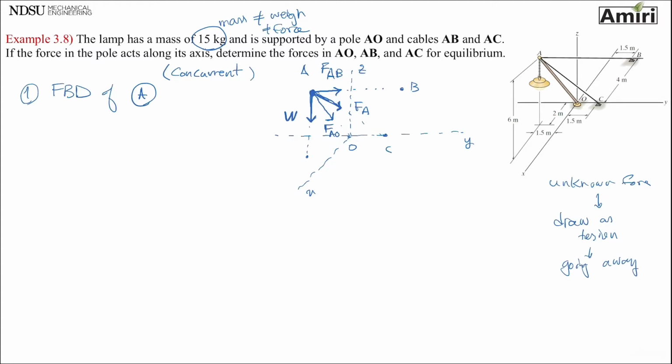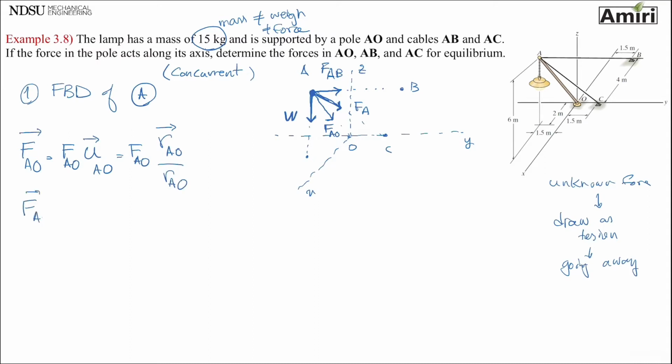So let's see. FAO is going to be magnitude of AO, unit vector of AO. Magnitude AO, which is unknown, that's why I just write FAO. Position vector AO, magnitude AO.